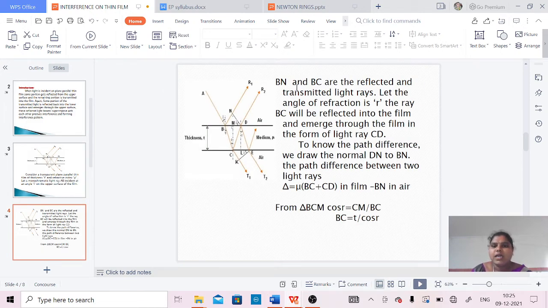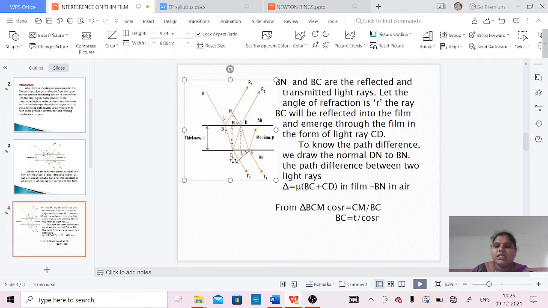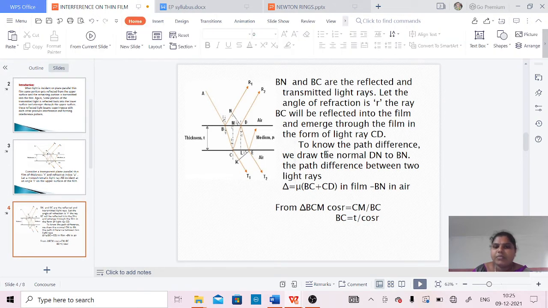So BN and BC are the reflected and transmitted rays. See here, BN is the reflected ray and BC is the transmitted ray. Now this BC is the incident ray for the lower surface of the film. The angle of refraction is r. The ray BC will be reflected into the film and emerge from the film in the form of a light ray CD.